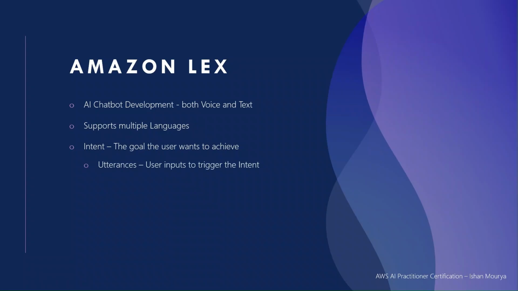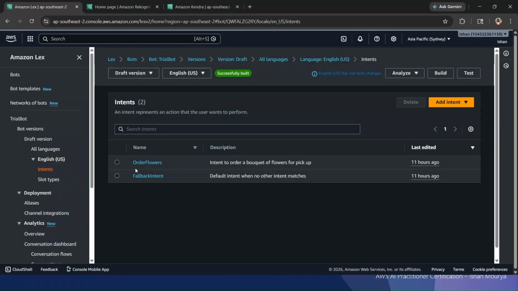Let's say for ordering flowers, what all can the user write? There can be thousands of options, right? You don't have to write all of them. It's obviously AI, so you have to write just some samples and Lex will automatically relate it if the user is asking something similar.